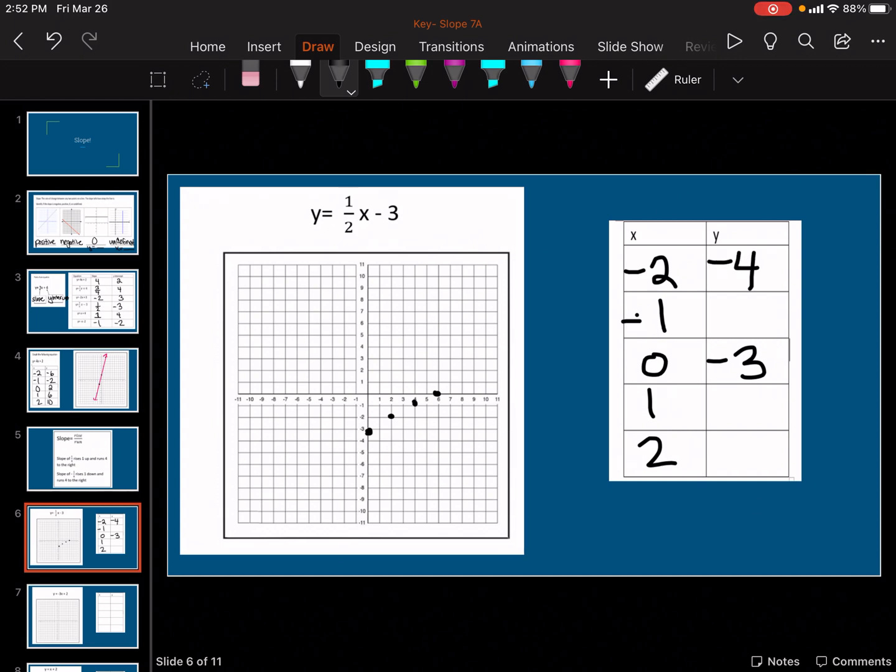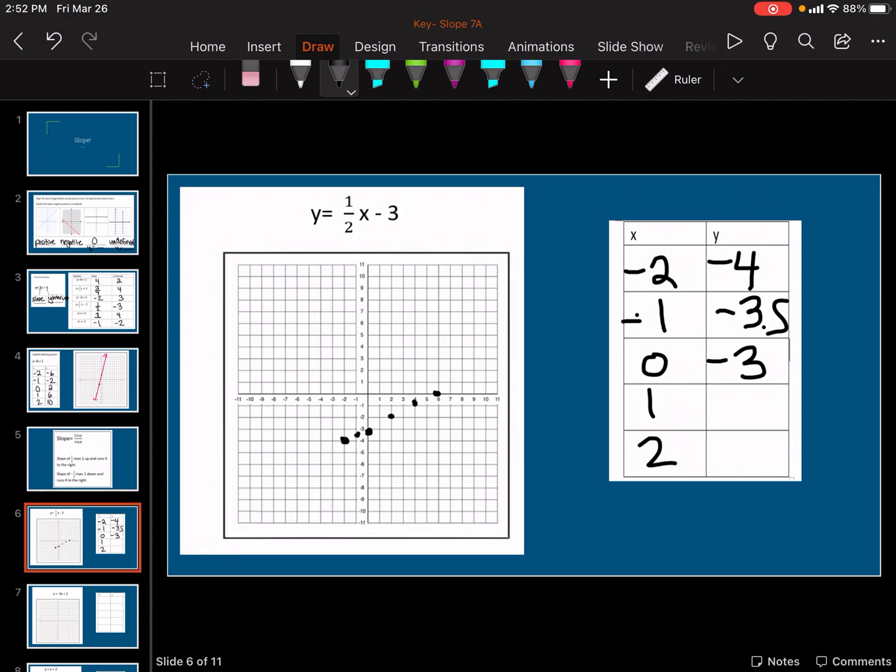Let's see if that would work. So -2, -4, that goes in my line. Let's check, what would -1 be? -1 times 0.5 minus 3 gets me -3.5, which would be right there.